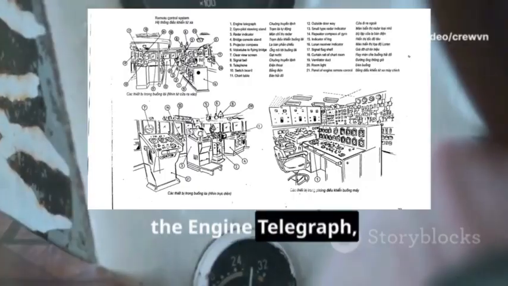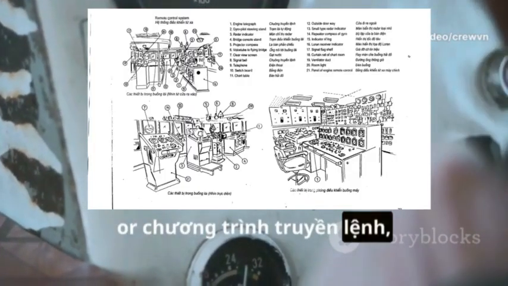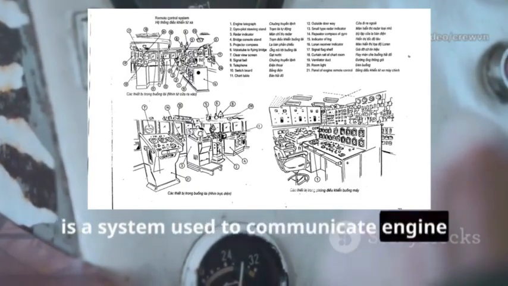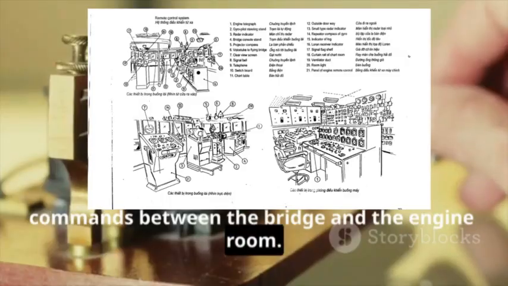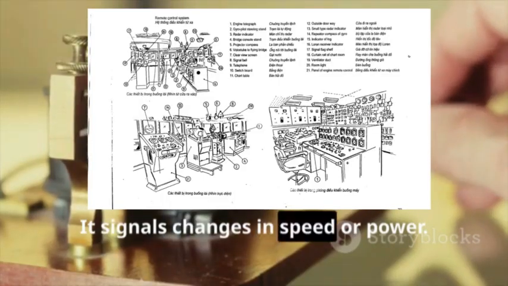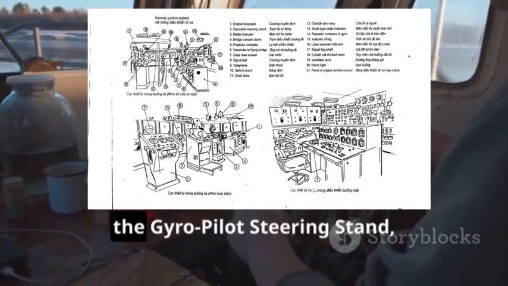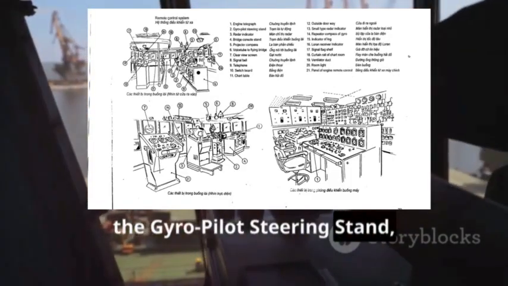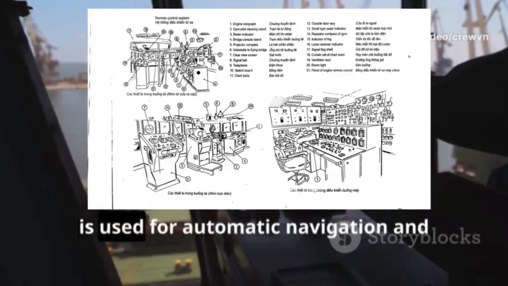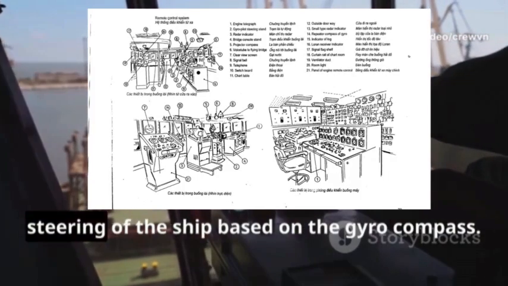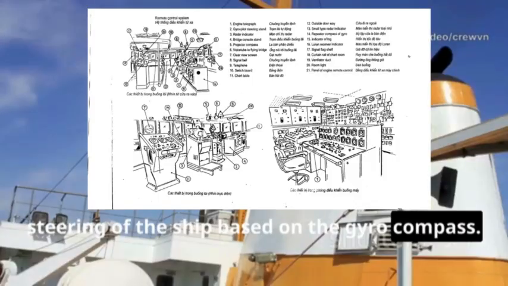First, the engine telegraph is a system used to communicate engine commands between the bridge and the engine room. It signals changes in speed or power. Next, the gyro pilot steering stand is used for automatic navigation and steering of the ship based on the gyro compass.